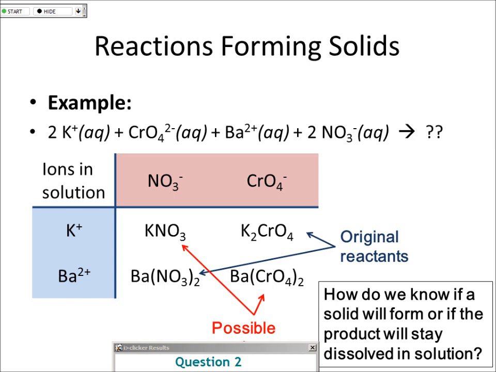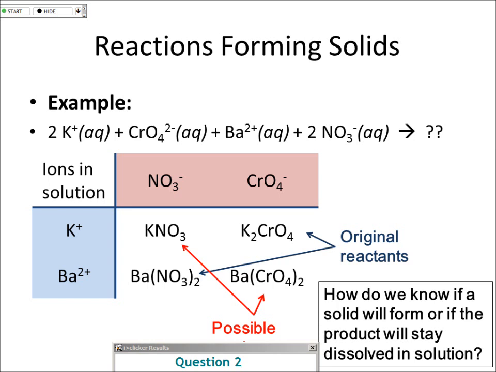Potassium chromate plus barium nitrate gives, with a question mark, K2NO3.